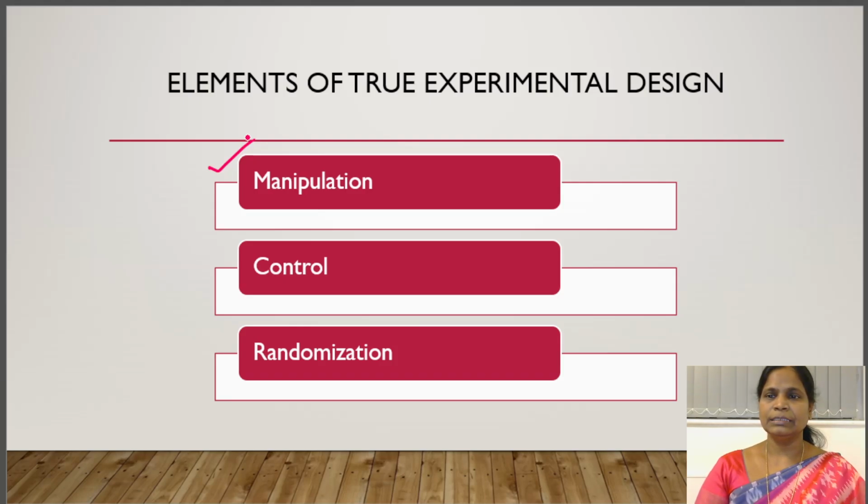If someone wants to conduct a study on the effect of temperature on students' mindset while listening to the class, he can manipulate or change the temperature, increase it from 25 degrees, and see how the student reacts, and at 30 degrees how the student reacts.